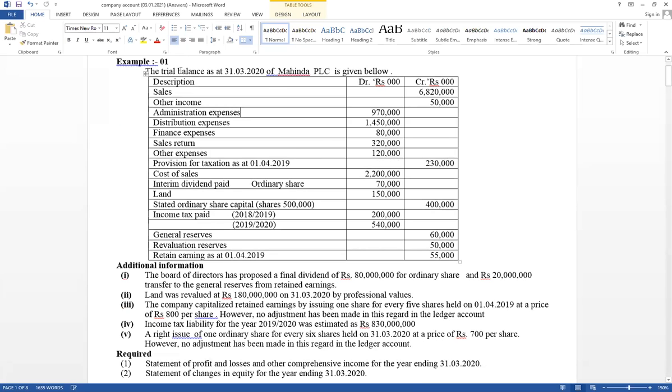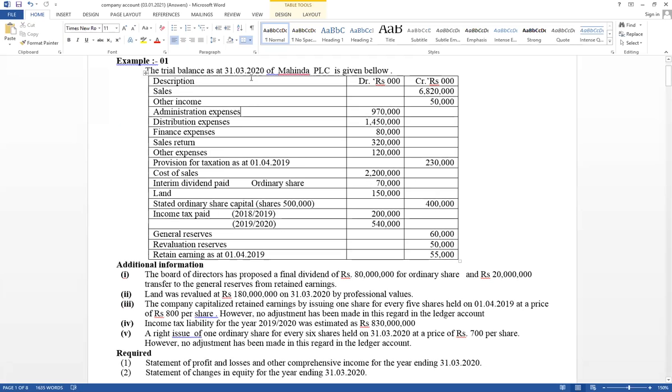Think about this example from the beginning. Given trial balance 31st March 20.., sales available and other income, administration expense, distribution expense, finance expense, and sales return also given, and other expense.